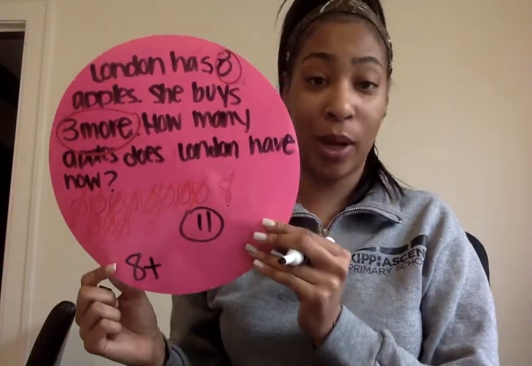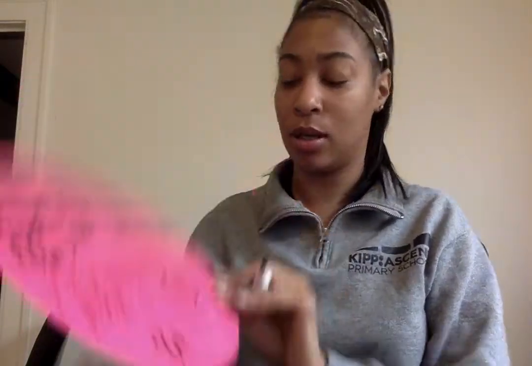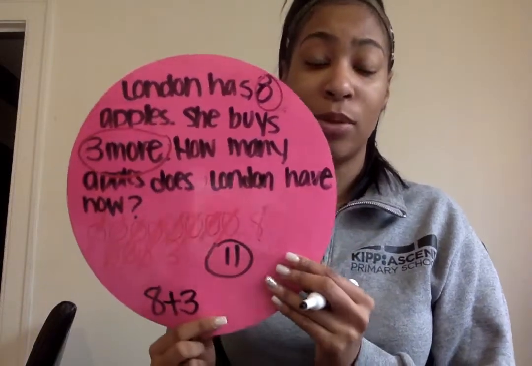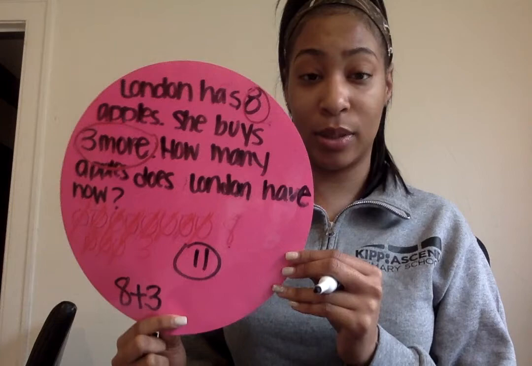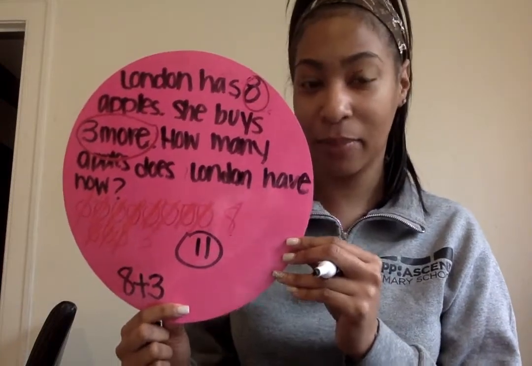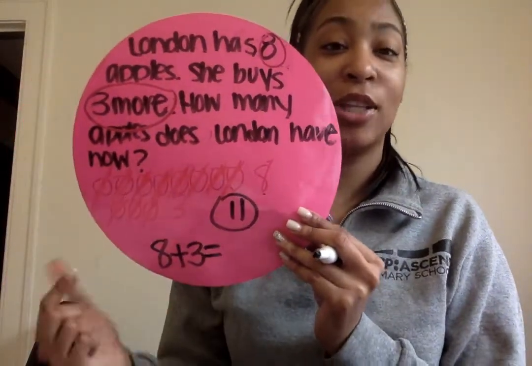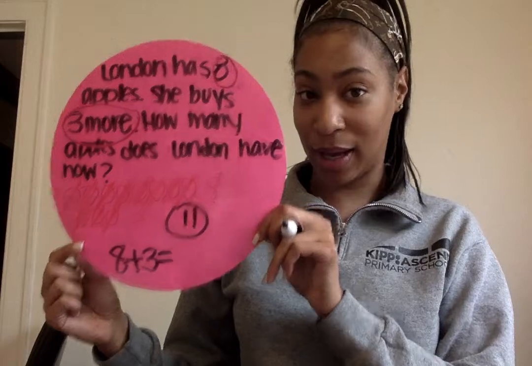You're going to add 3 more apples. So I'm going to write the number 3. And we know that for all of our number sentences, we always use an equal sign. Can you guys say equal sign? Equal sign. And we know that our answer is 11. So I'm going to write 11 after the equal sign.